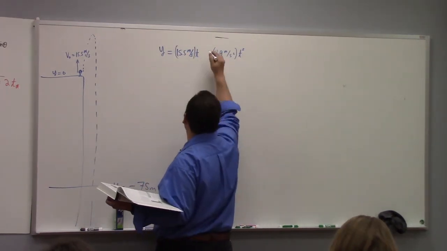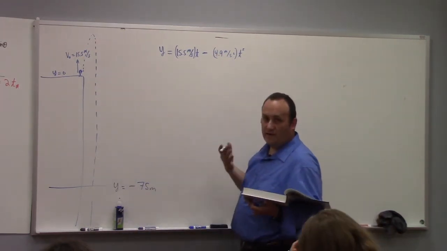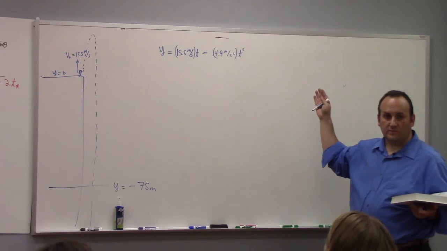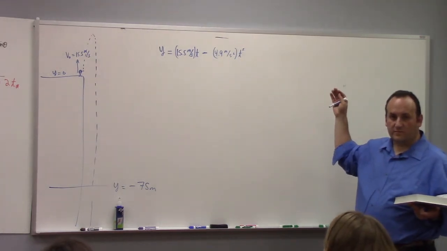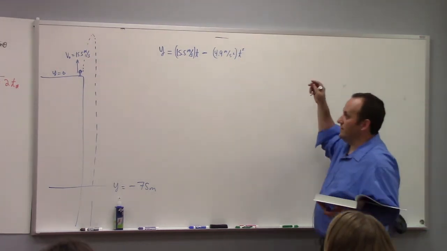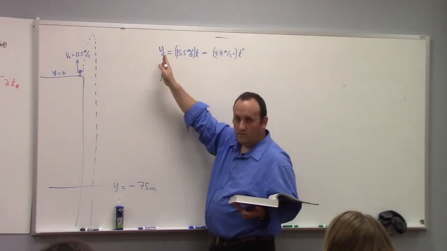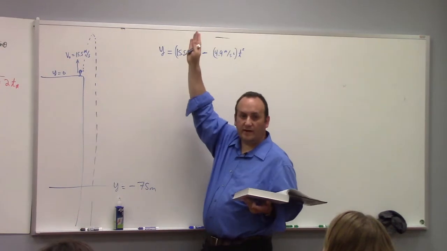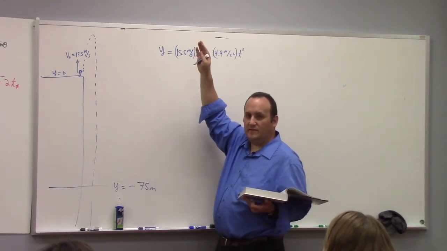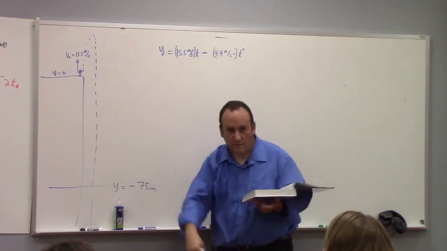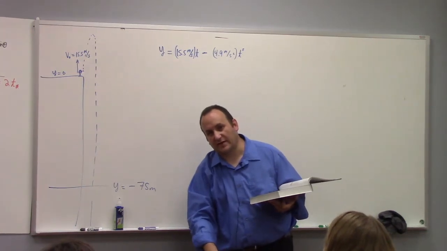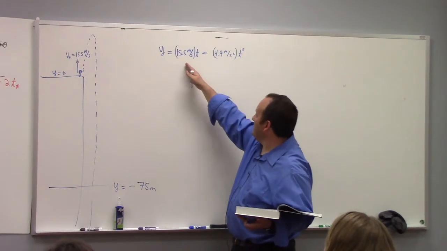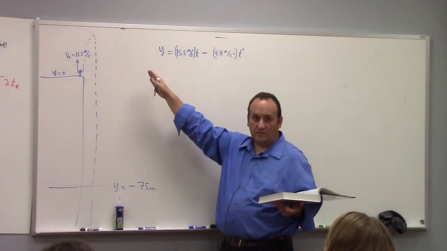So there you go, that's the equation. Do we agree this is the equation of motion? The initial y is 0. The initial velocity is 15.5 meters per second up, right? That's why plus. If they said she threw the stone down with 15.5 meters per second, then I'd put a minus there, but I don't because it doesn't say that. And so that's the equation of motion.